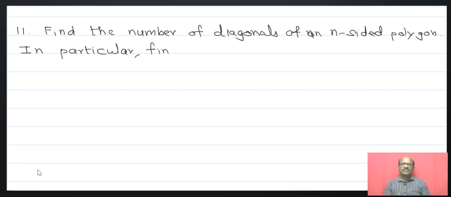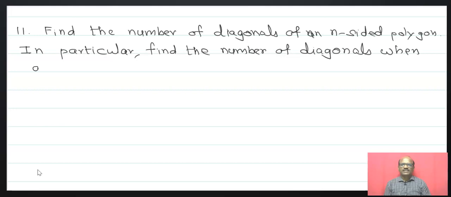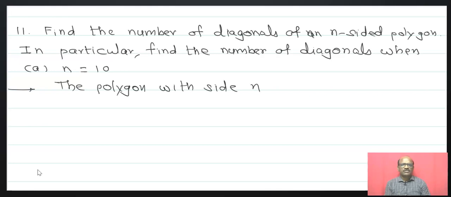In particular, find the number of diagonals when n is equal to 10. Find the number of the diagonals of an n-sided polygon. Now, this is a polygon with 10 sides.